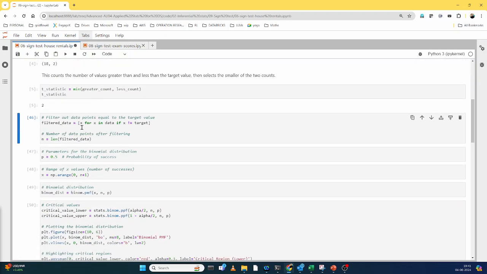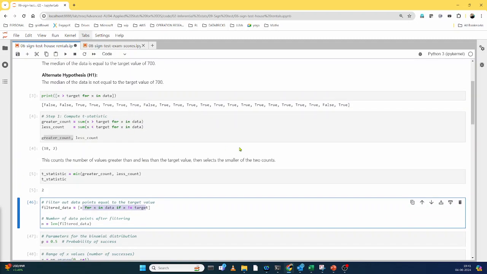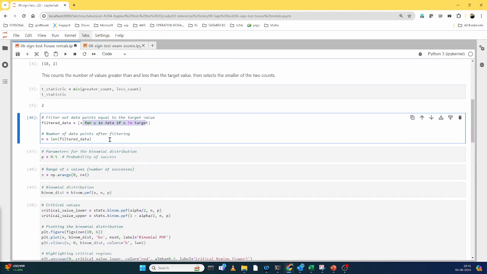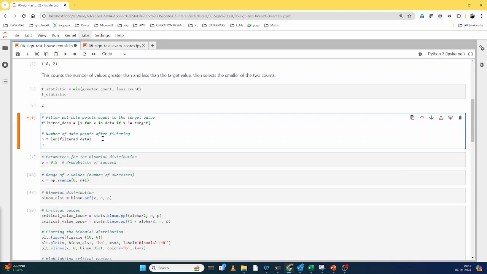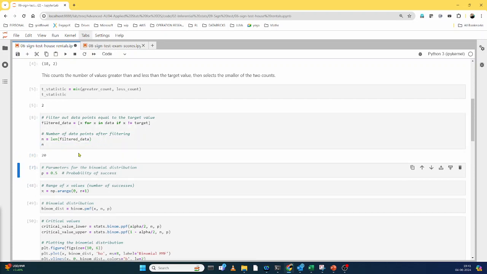We filter out wherever we have zero cases. I don't think we have any zero cases here, but if there are any, we just filter them out. The number of data points after filtering: 20 is the number of samples after filtering.